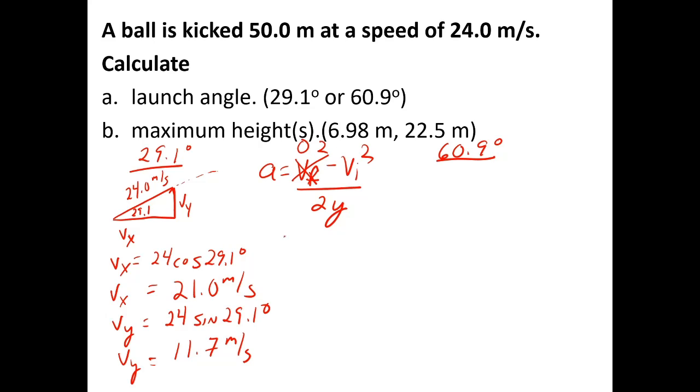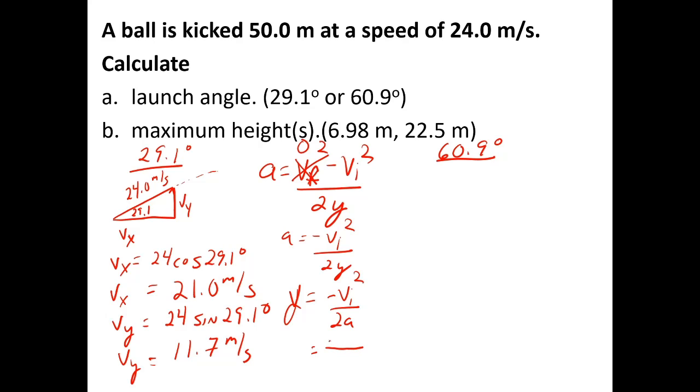So what we get here then is y is negative V initial squared over 2a. I know there's a negative there, but that's going to go away.